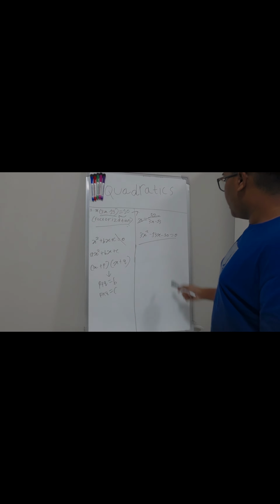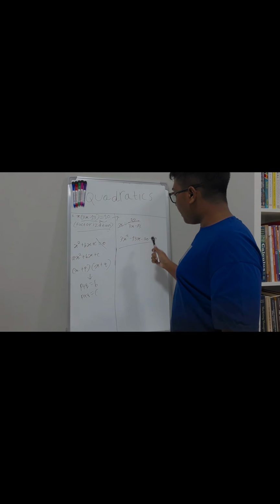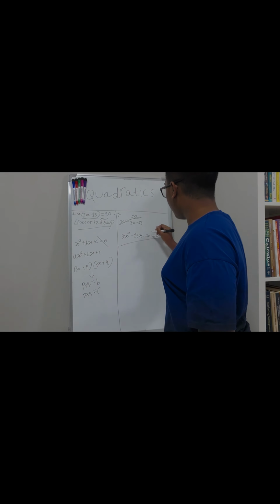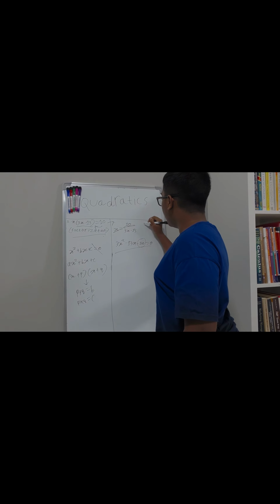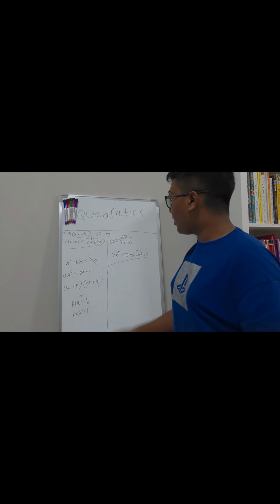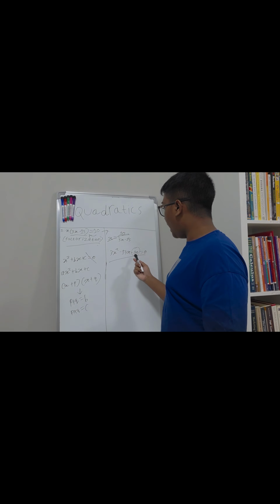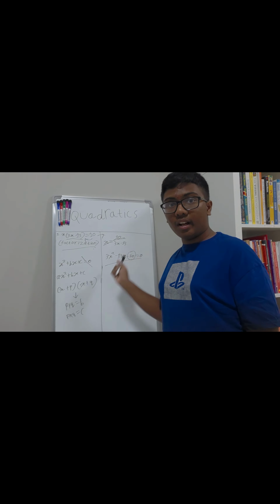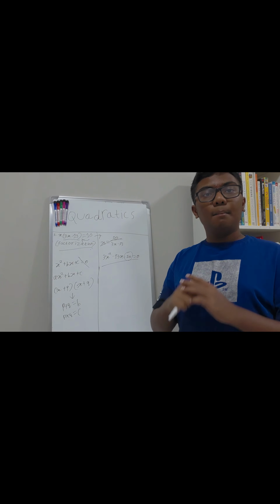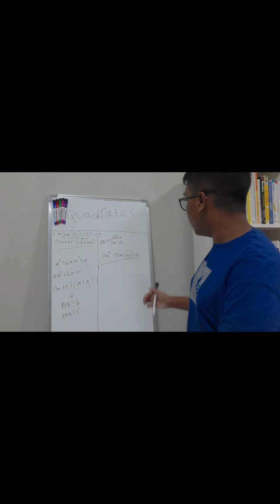Now p times q has to equal c, so in this case c is minus 10. Be careful of the signs, okay? The sign to the left of a number in algebra is that number's sign, and this will help you solve many questions without issue.